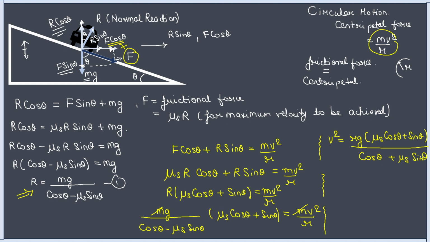Now how can I simplify it further? I can divide both the numerator and denominator by cos theta.